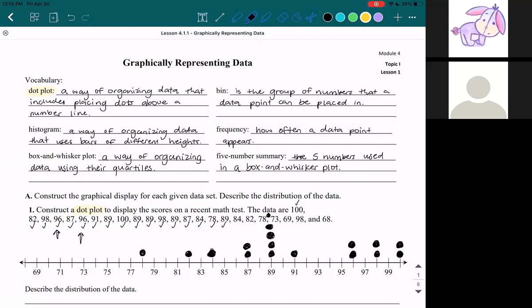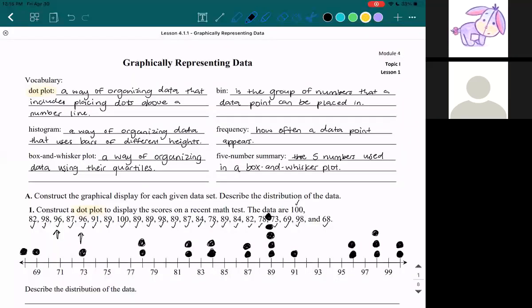Wow, okay, I'm just going to put it right there. 84, 82, 78, 73, 69, 98, and 68. Okay, so I'm just going to make this dot a little bit bigger because I want it to fit in a little bit better. But this is your dot plot.